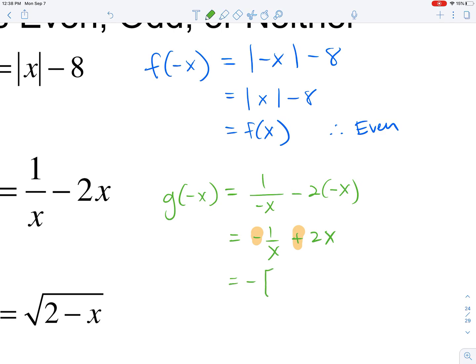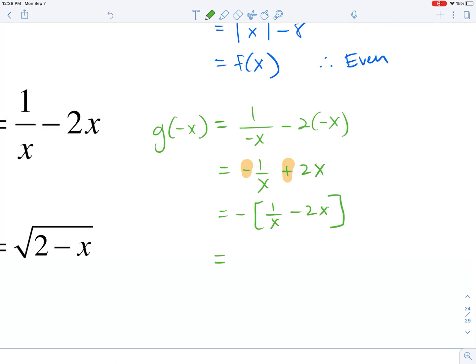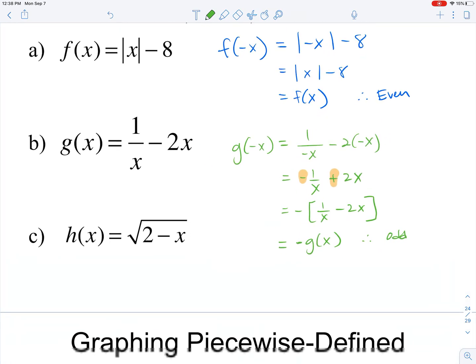So if we were to factor a negative out, we could say that g of negative x is equal to negative g of x. And therefore, g of x would be an odd function, which means that the graph of g is symmetric about the origin.